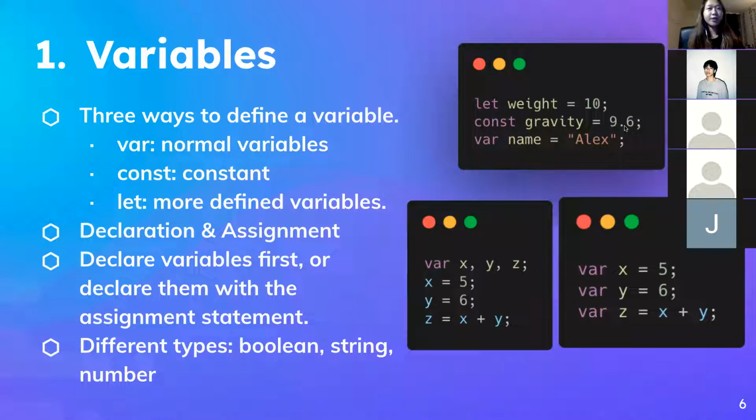So you might be wondering what the difference between var and let is. It's actually pretty complicated, because it has something to do with scoping, but scoping is, for lack of a better term, out of scope right now.